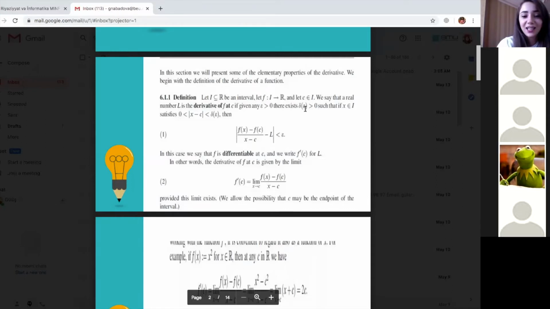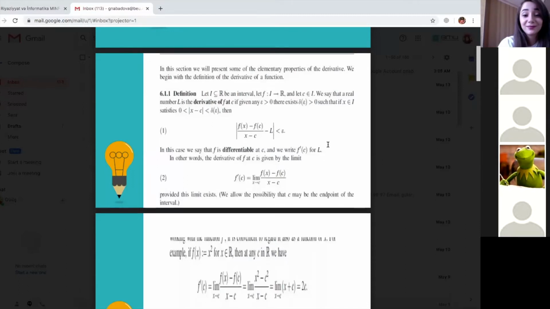In this case, we say that f is differentiable at c, and we write f'(c) for L. In other words, we can write the formula like this: f'(c). I think it's enough for you.